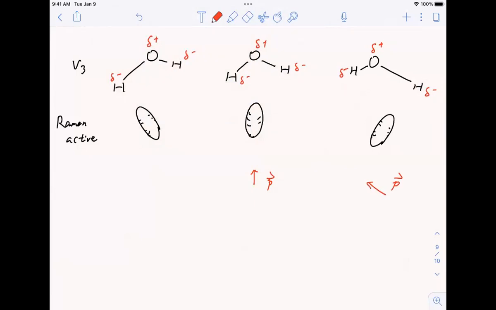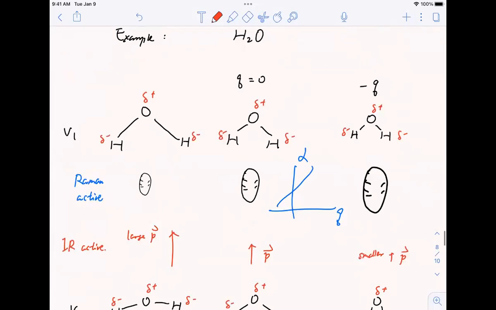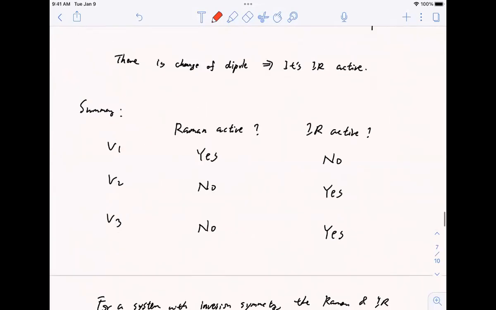So you will see a dipole like this. So the dipole is going like this. It's also a changing dipole. So this one is also infrared active.